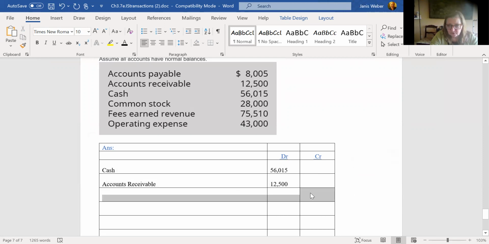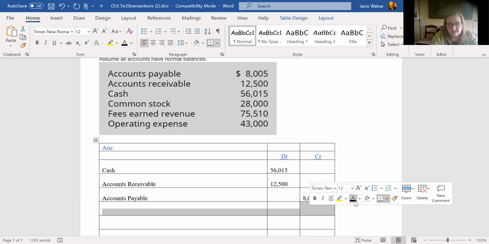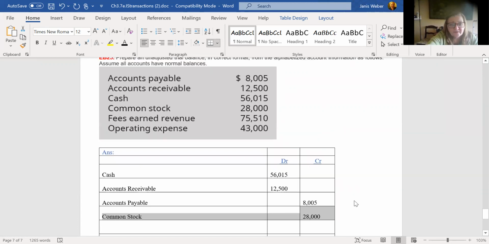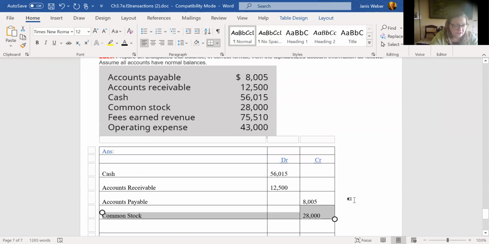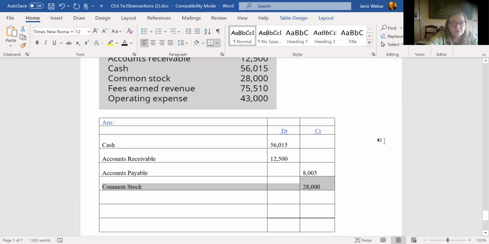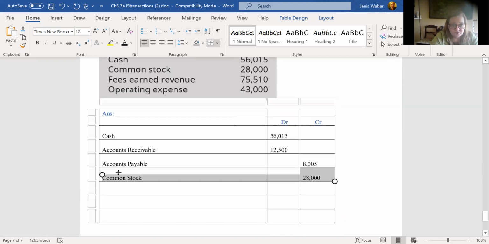This is the most liquid, or the one coming due the soonest. Then there are no other liabilities. So you take your common stock next, and then you don't have any retained earnings. So then you just look for the debit accounts. I'm sorry, not the debit accounts. You look for the revenue accounts first, which is fees earned revenue.